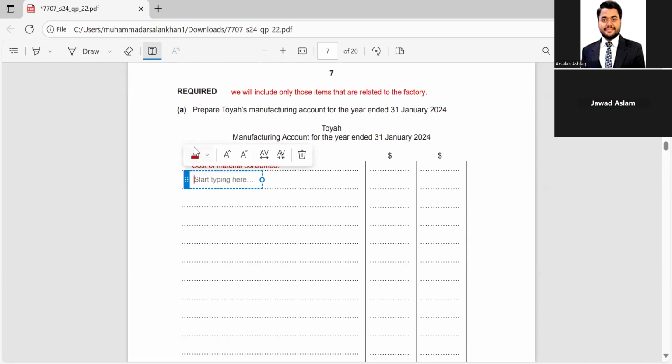Under this heading, we will include two things. The first thing will be opening inventory of raw material. I have given the short form of raw material as RM, and in future I will be writing RM instead of the full raw material.